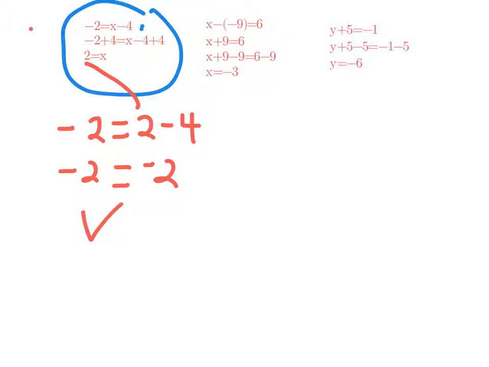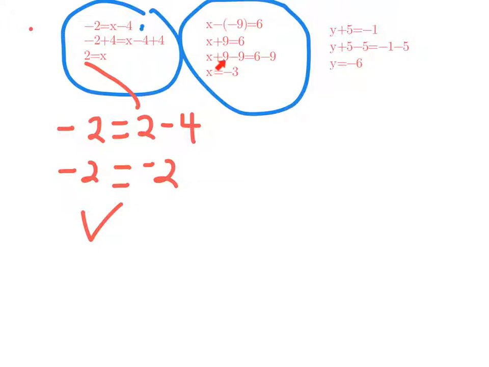Over here we have another problem. This is x minus negative 9 equals 6. And right here we can simplify this using the subtraction rule. So this is x plus 9 equals 6. Now I can try to isolate the x. So I subtract 9 from both sides.